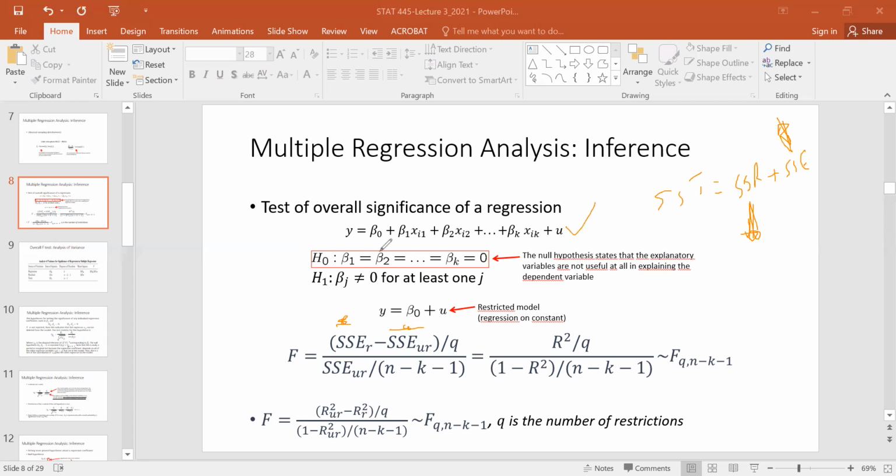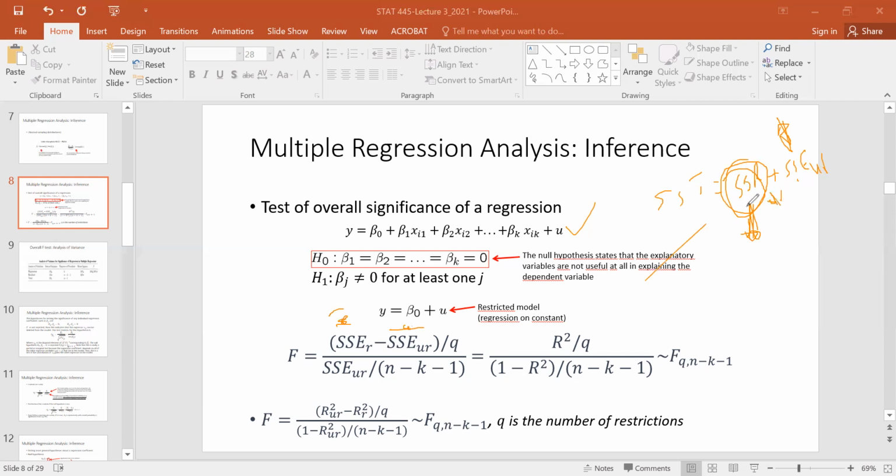So if you are going to be rejecting H naught, the regressors should explain a lot here. Once they explain a lot here, this SSE of the unrestricted model will become smaller, because if this is increasing, this must be decreasing.